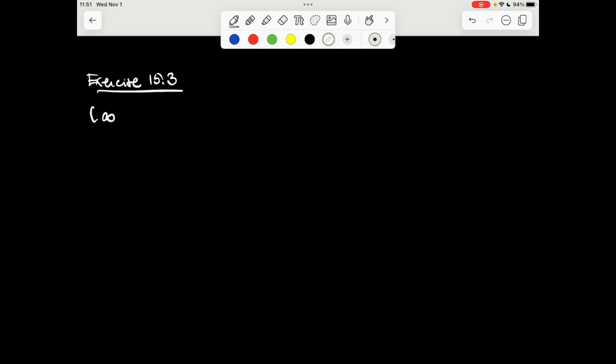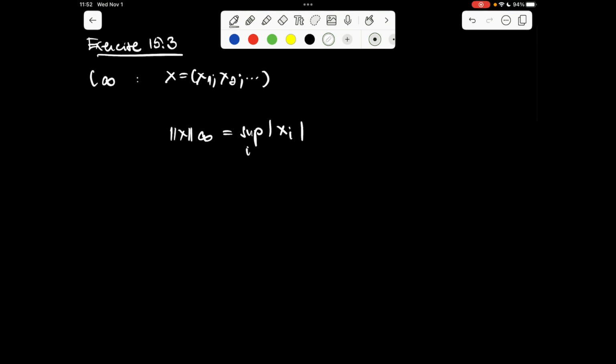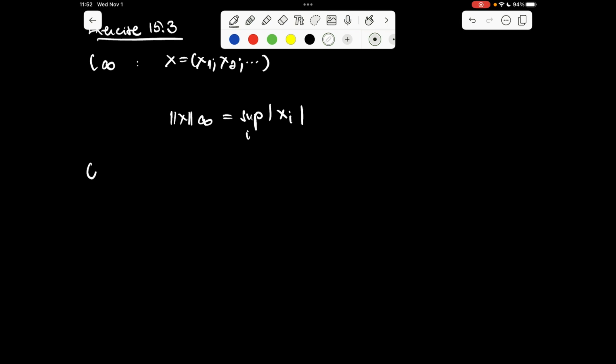In this space, we have infinite sequences that are bounded in the sup norm, which means all the elements in any sequence in this space are finite. The claim is that the dual of L infinity is L1.